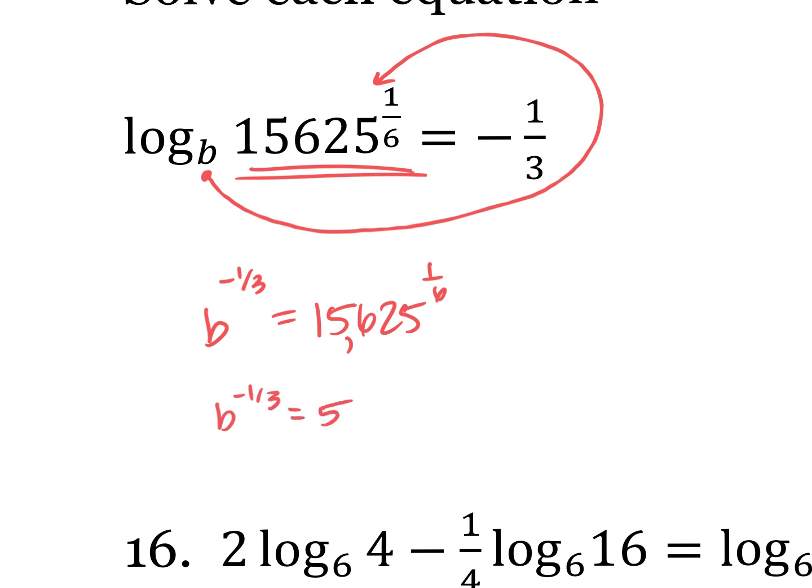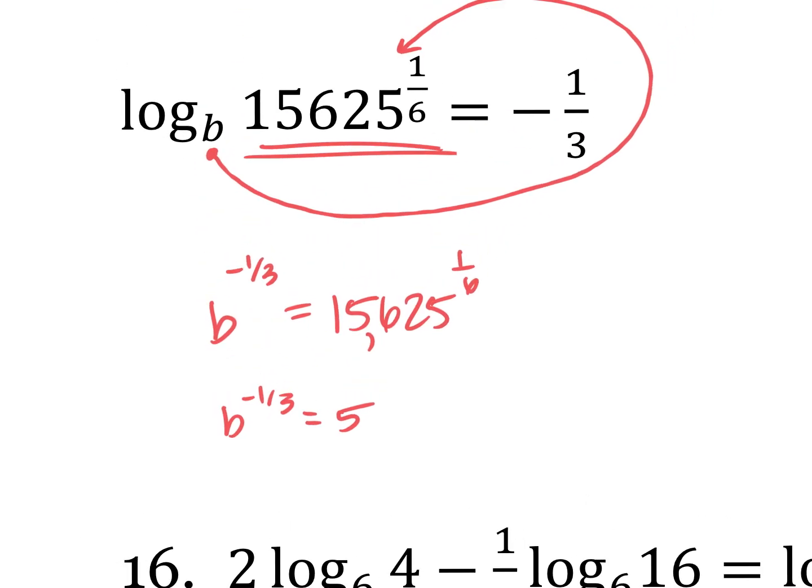Okay. Here we go. Guys, does anyone remember how we can solve for b when it's raised to the negative 1/3? You would raise it to the -3. Yes. Why? Because check this out.